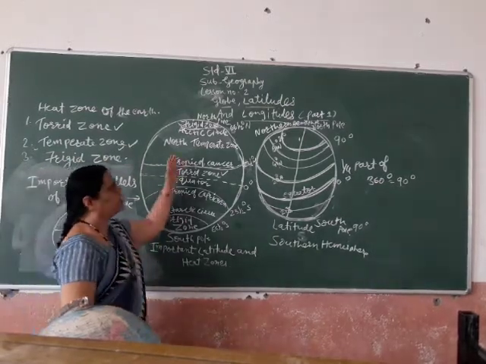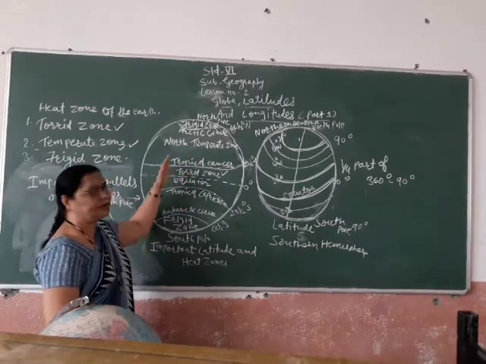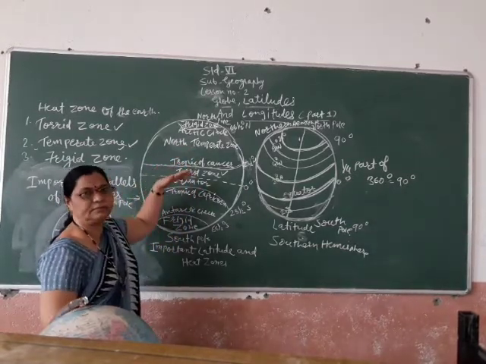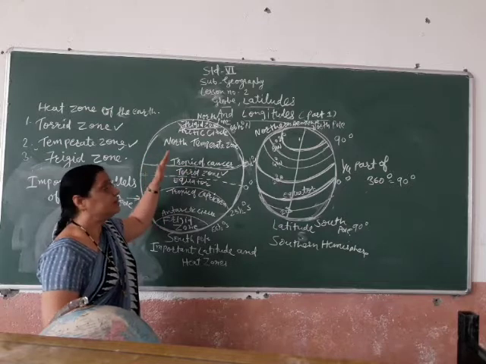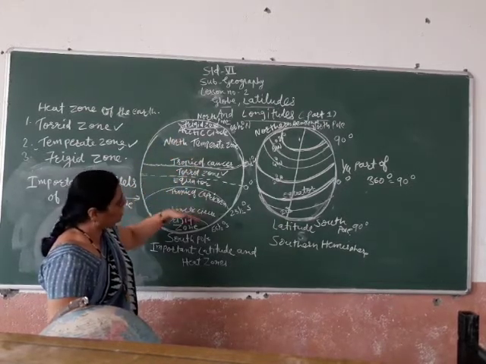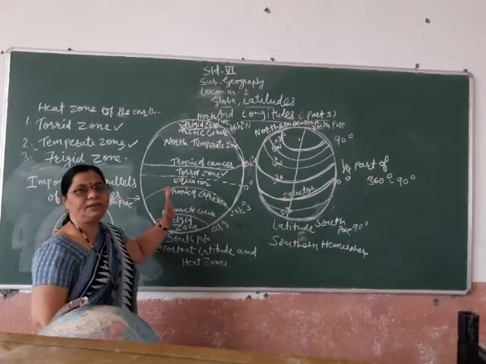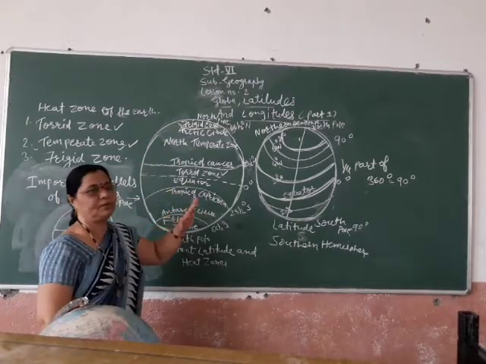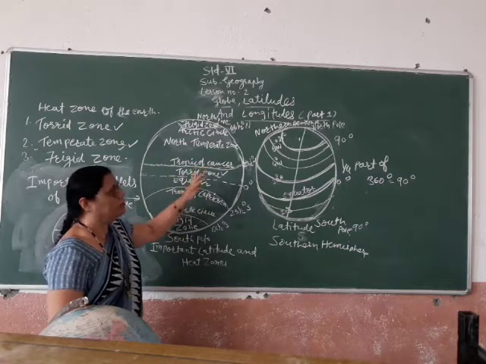Here another is the temperate zone. Here the sun rays are not overhead once a year; the sun rays are always spread over all the latitudes there, not a particular latitude like the Tropic of Capricorn only or the Tropic of Cancer only.